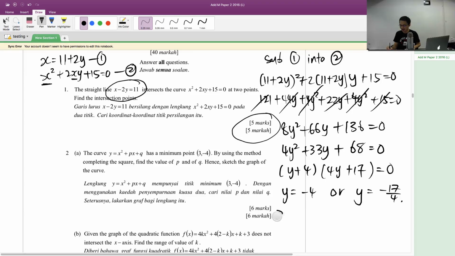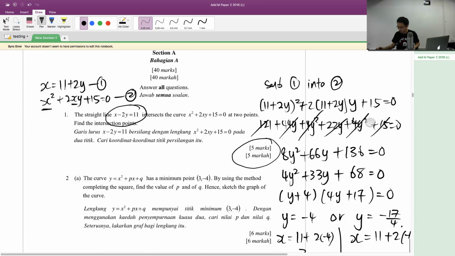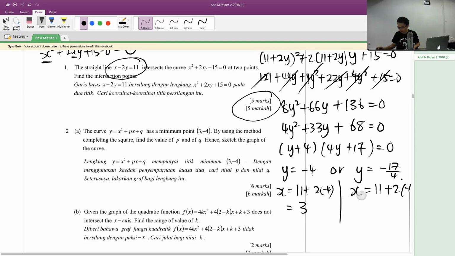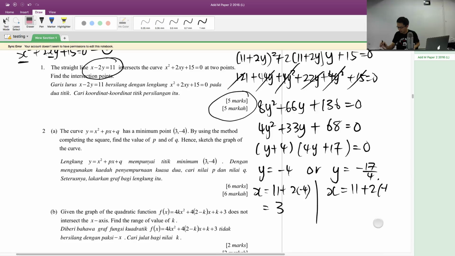Then you can find x easily, just substitute the y into it. So it will be 11 plus 2 times -4, which gives x equals 3. For the other, x equals 11 plus 2 times -17/4.